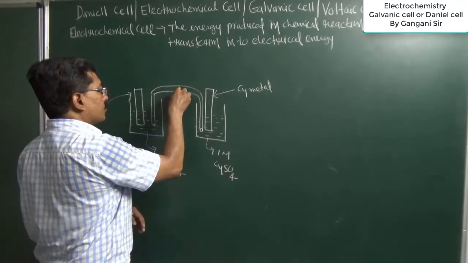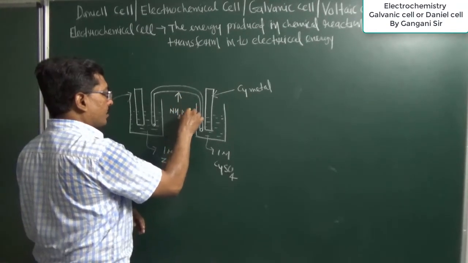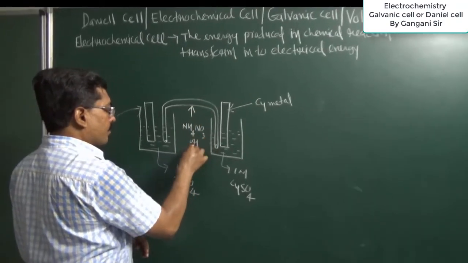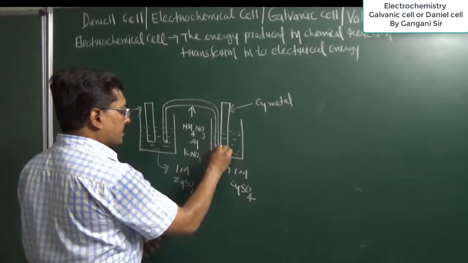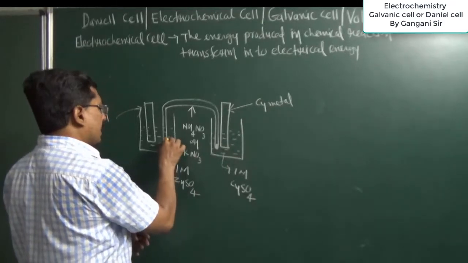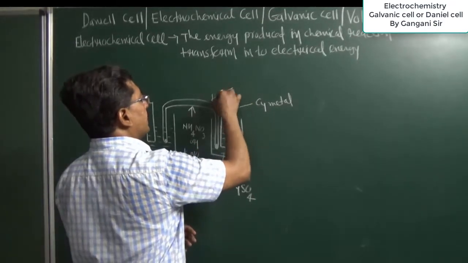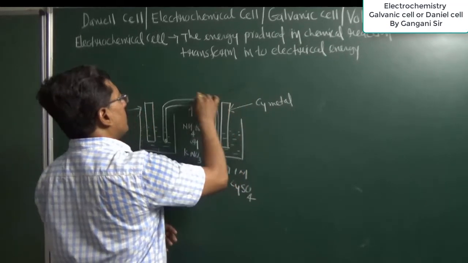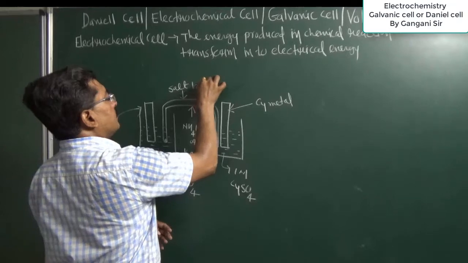Now this glass tube is filled with a solution of ammonium nitrate, or we can use potassium nitrate also. Now both ends of this glass tube are filled with a glass wool. So now this device is known as a salt bridge.